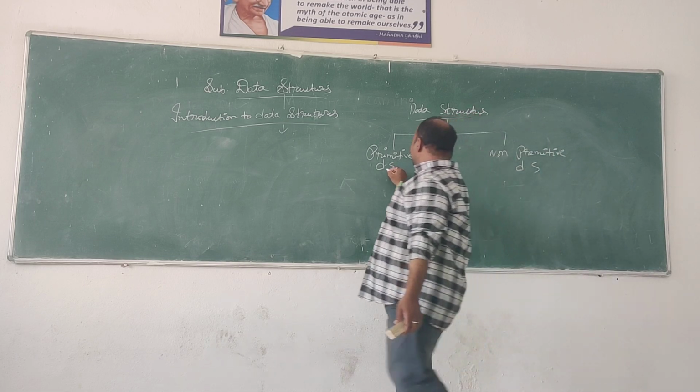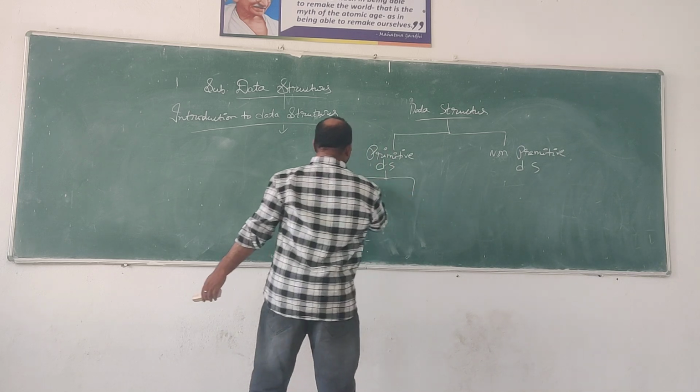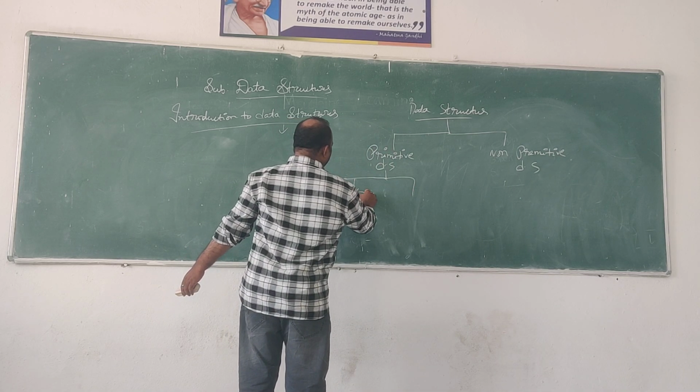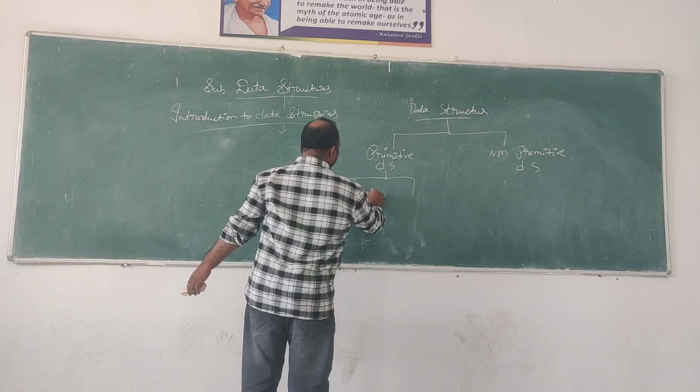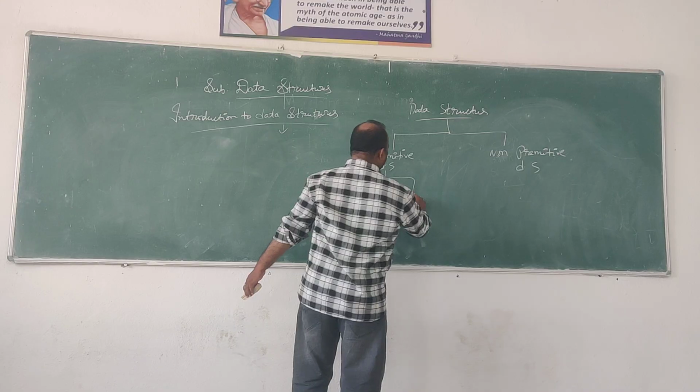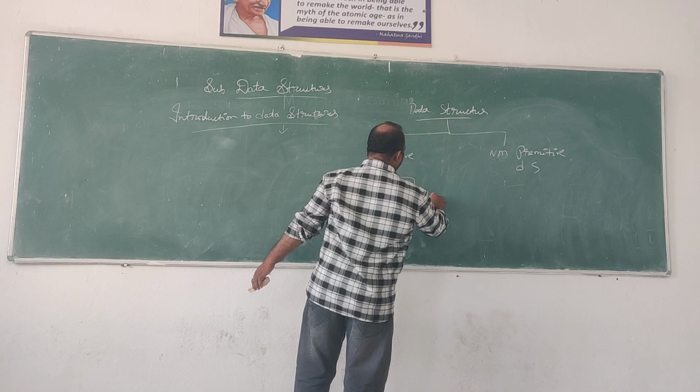In the primitive data structure part, we have int, float, double, long double.